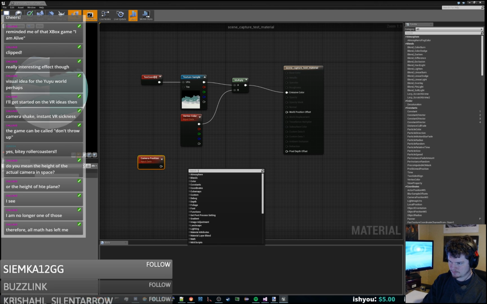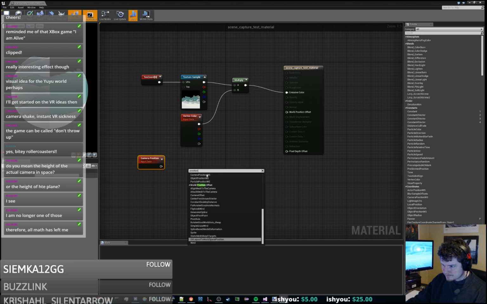We've got object. We have position. Offset objects in direction. Do we have vertex position?